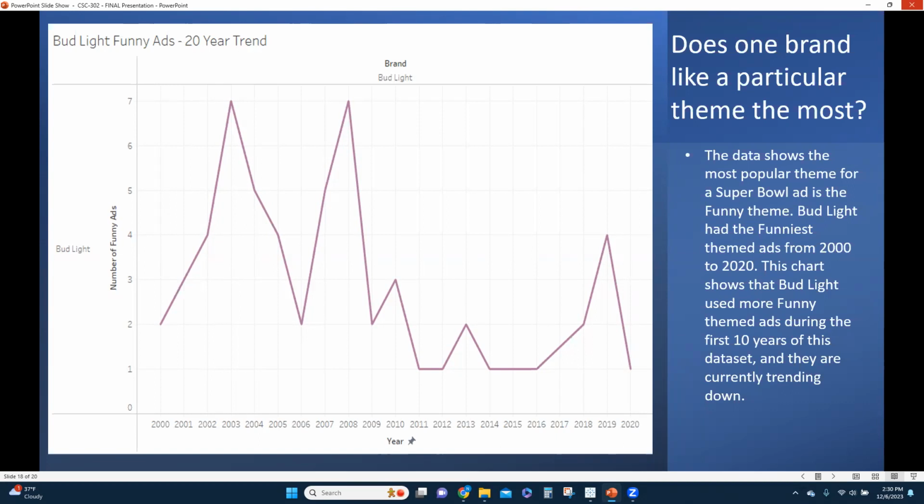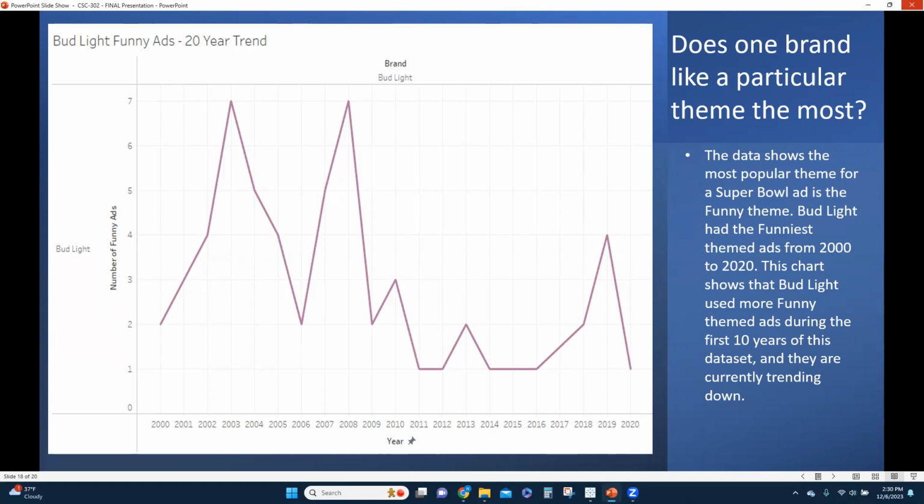So let's look. Now, you can see they started in 2002, hitting 4, and then the next year they hit 7, and then the next year they hit 5, and they went down. So the trend showing is that it looks like they eased into some funny themed ads, hit 7, and then took the gas off the pedal a little bit, and then went back up, and then slowed back down again.